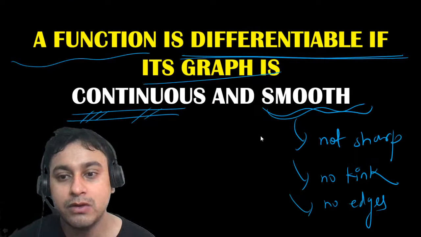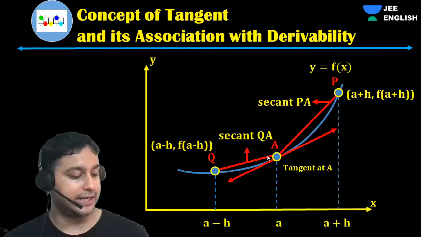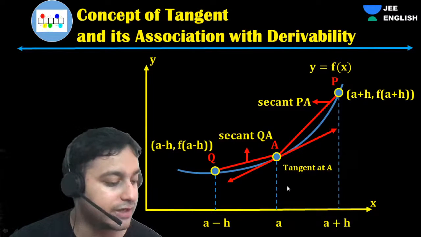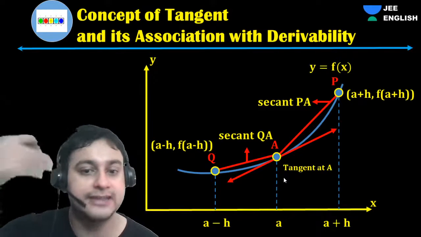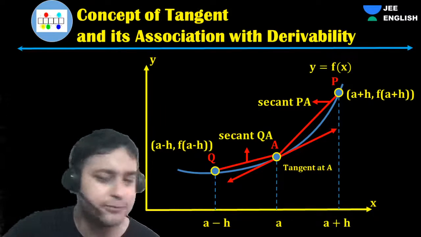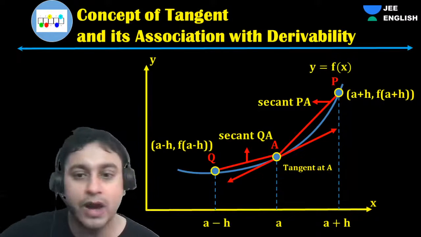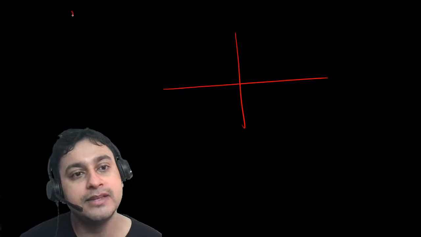Now try to understand what actually this is. We will try to understand how we can derive differentiability mathematically. Conceptually we've understood that there should not be a sharp point. Now why not a sharp point?